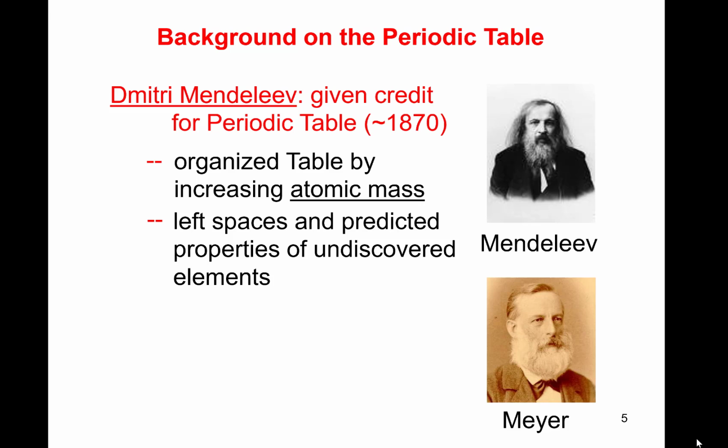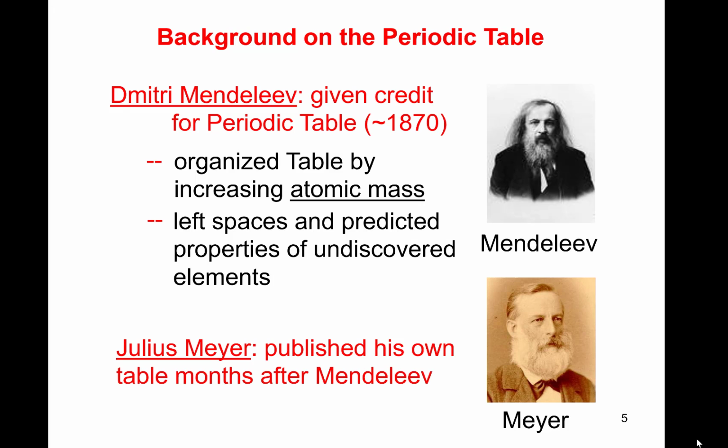Newlands before him had those discrepancies that made people not believe his table, but Mendeleev, when he organized the table by increasing atomic mass, left spaces, and later on people discovered elements that had those properties that he predicted. And then Meyer, unfortunately, was a little too late to the game because he published his own table months after Mendeleev, when people were already buying into Mendeleev's table.